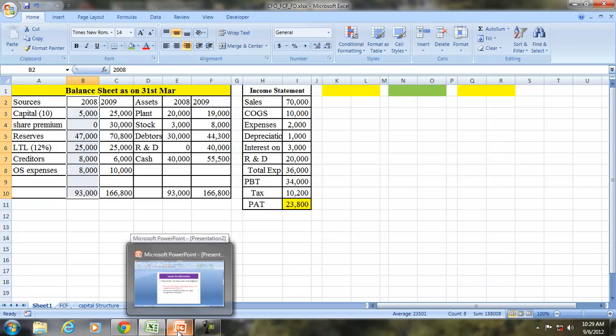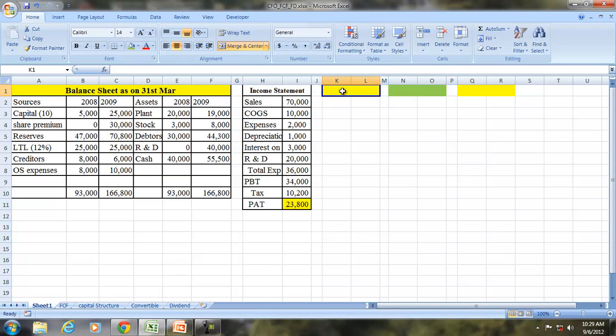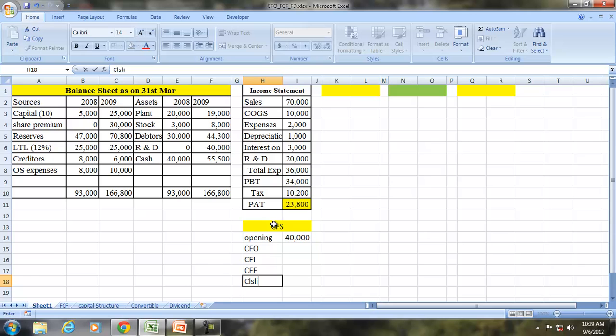We know that the cash flow statement will show the opening cash in hand, which is 40,000. We'll write down CFO, CFI and CFF, and the closing cash in hand is the summation of opening plus CFO, CFI and CFF, and the closing cash is given as 55,000.